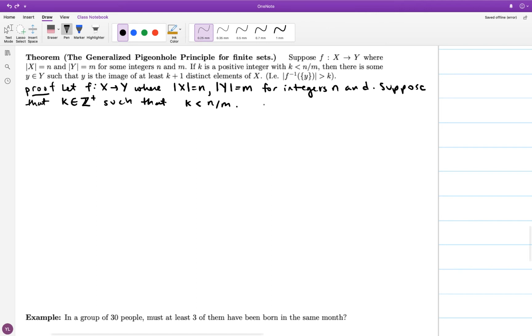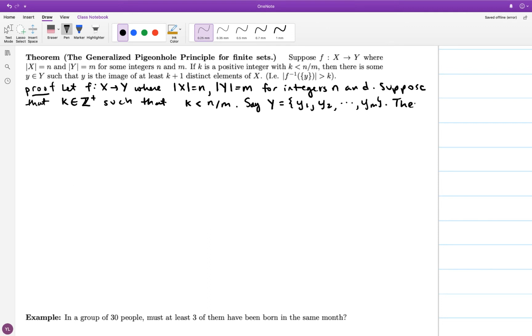A little bit of notation to help me do that: if I enumerate the elements of Y, then I can make reference to them. So Y has m elements, so let me enumerate them like this: y1, y2, y3, all the way up to ym.